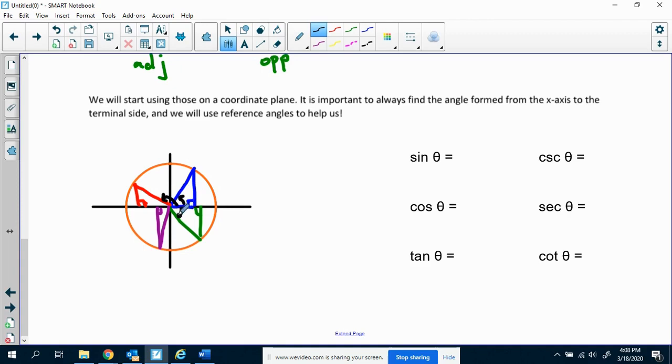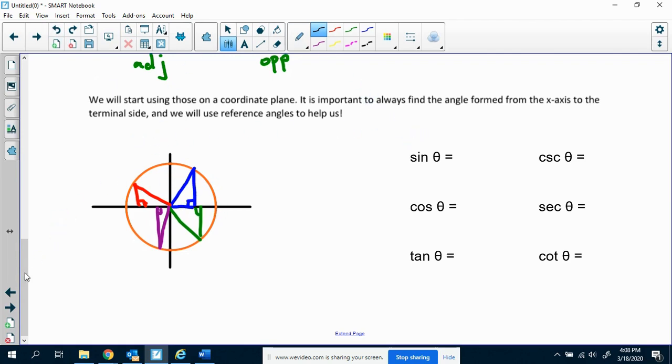If I go clockwise, I can have a negative angle, but I don't have to do that. I can go counterclockwise and form angles even if those sides are in the third or fourth quadrant or whatever. So I have this situation.